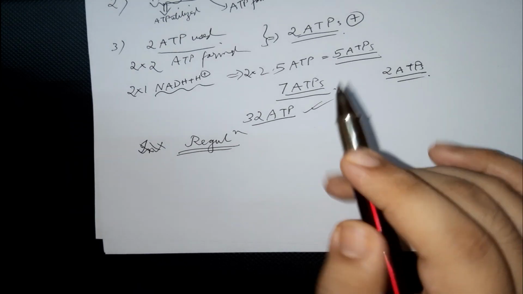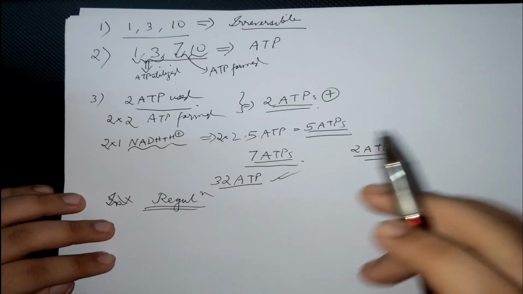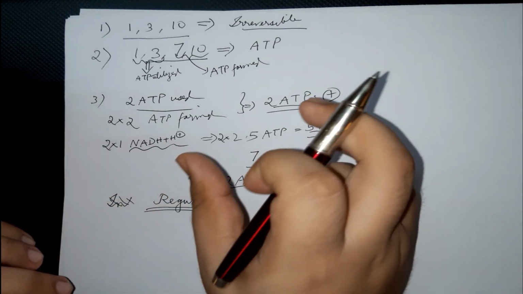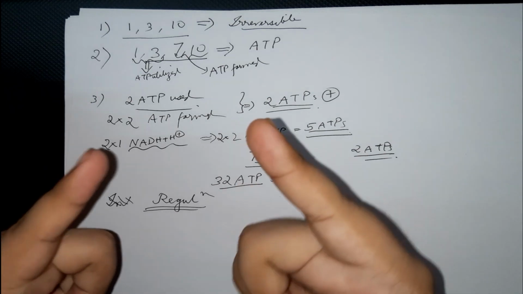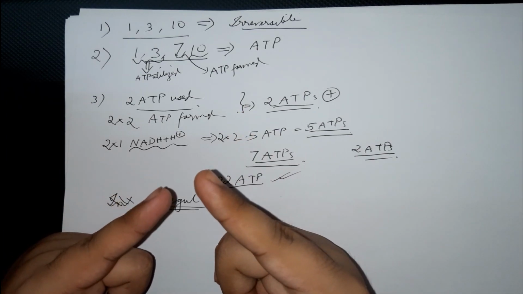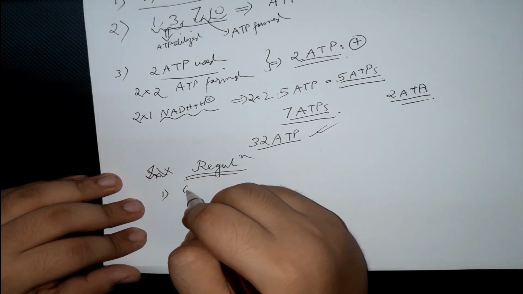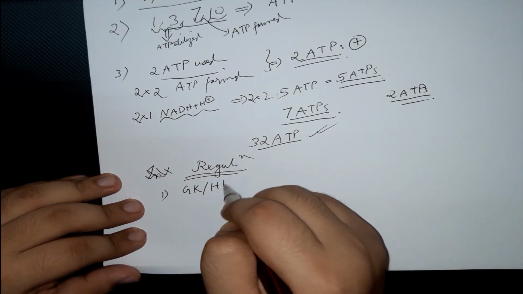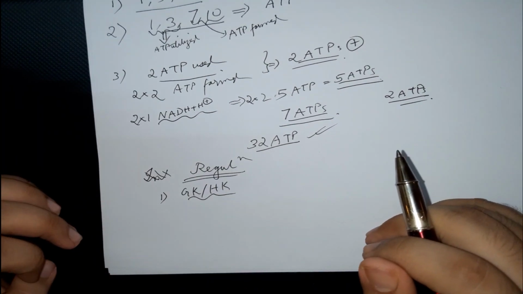So it is only in steps 1, 3 and 10 that the actual regulation of glycolysis takes place. Those are the rate determining key steps of glycolysis. Let's first talk about the first step, which is glucokinase or hexokinase catalyzed glucose to glucose 6 phosphate.